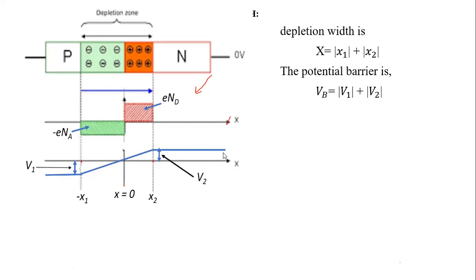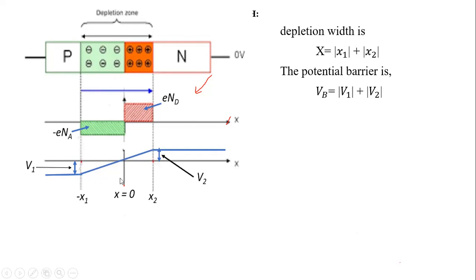So I hope you understand what I'm saying here. On the n side, you have this charge density, electronic charge into density of the donor atoms. On the p side, those acceptor atoms become negative ions. So the number density of negative charge is Na. You multiply with the electronic charge, minus e into Na, and that gives you the charge density on the p region of the junction.